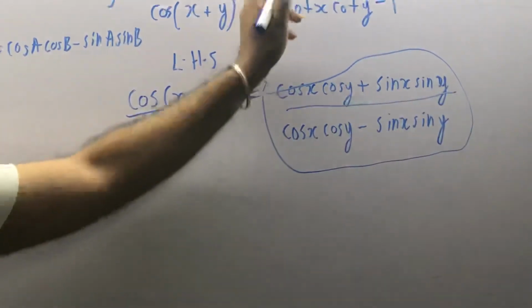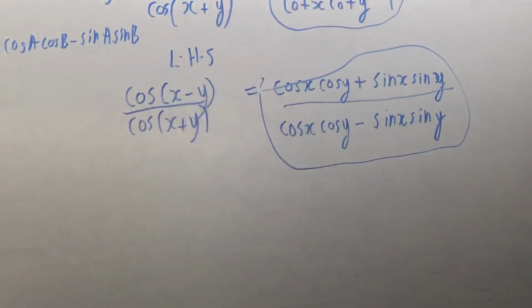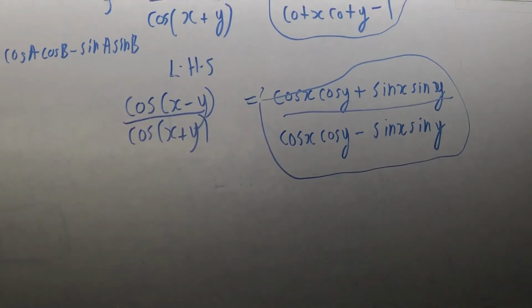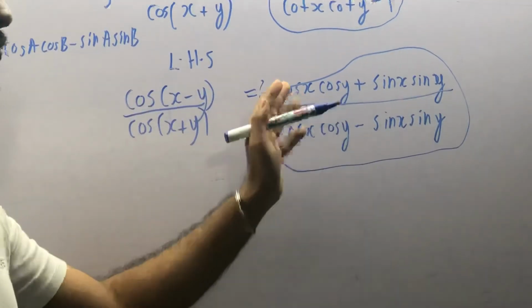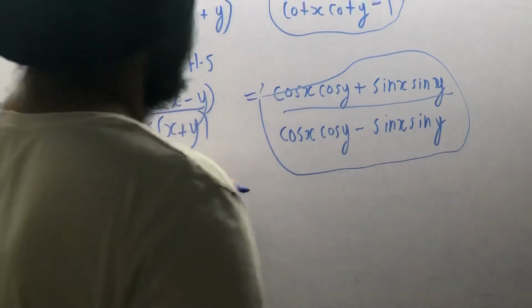You have to somehow convert it into cot. Cot is cos upon sin. So what I will do is divide both numerator and denominator by sin x sin y.